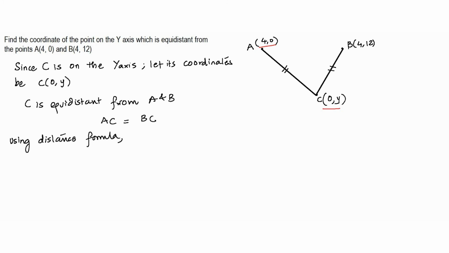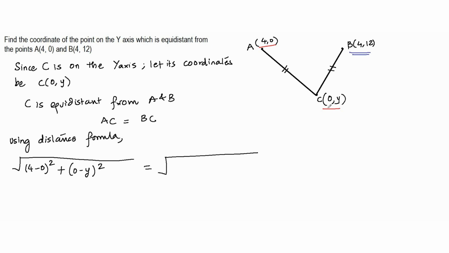So AC is going to be under root of 4 minus 0 the whole square plus 0 minus y the whole square, and that equals under root of, now let me find the length of BC.